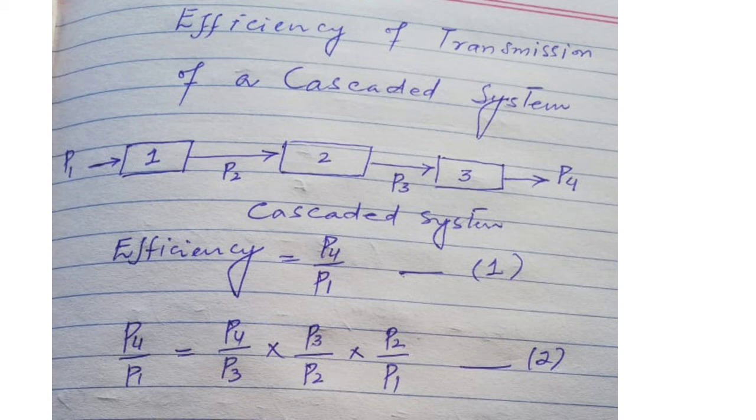That is, P4 by P1 will be equal to P4 by P3 into P3 by P2 into P2 by P1. So the overall efficiency of this cascaded system can be calculated with the help of equation number 2 as well. Right?